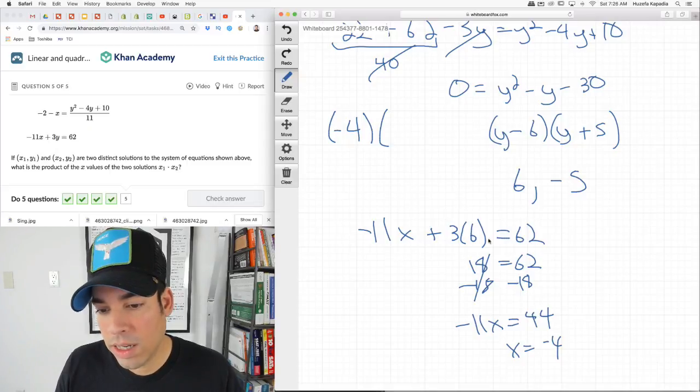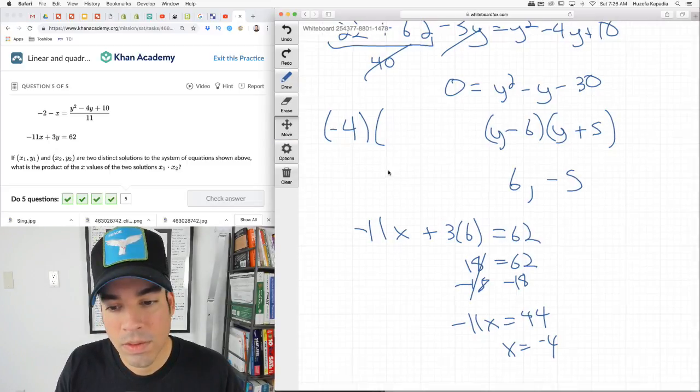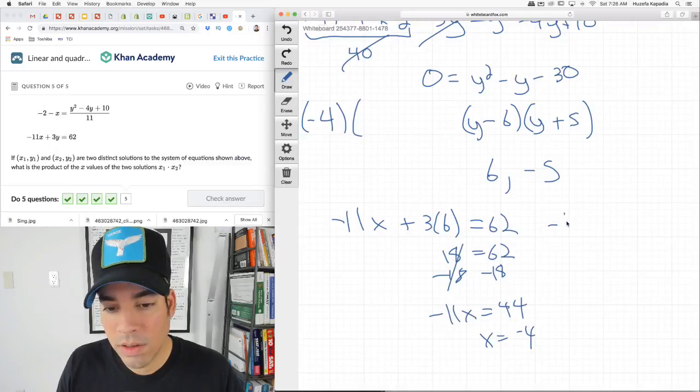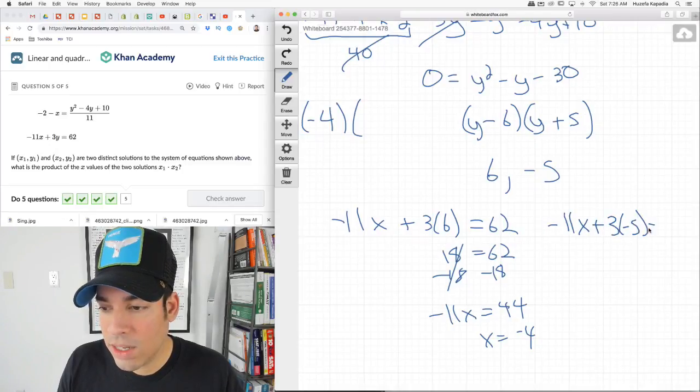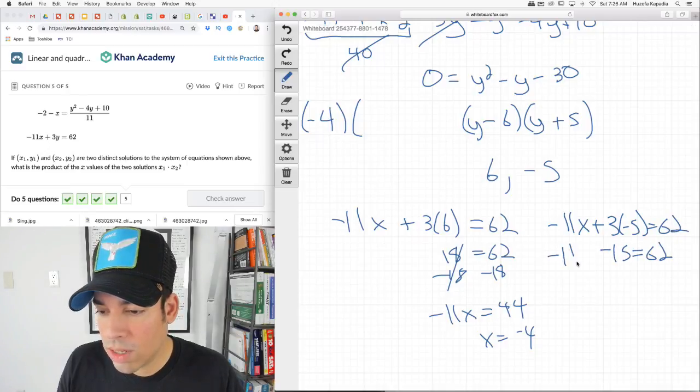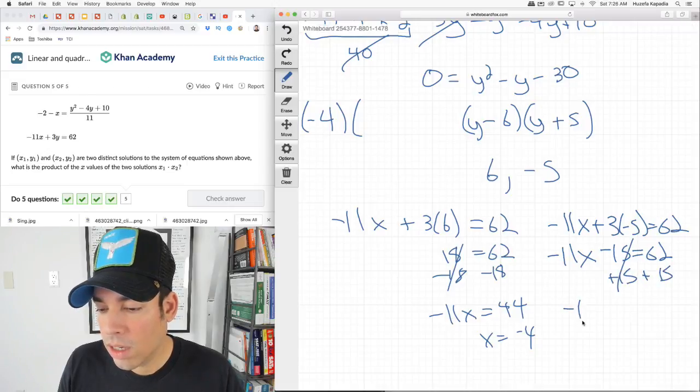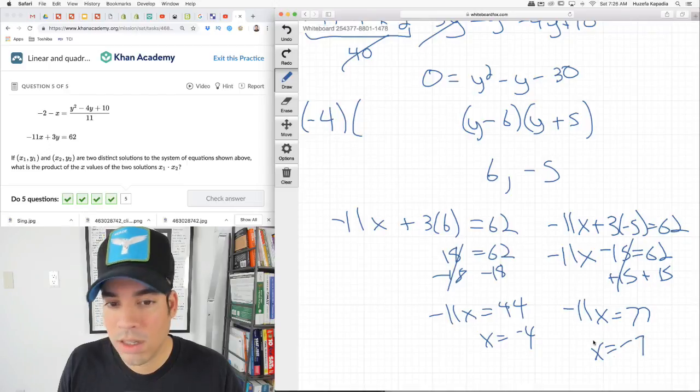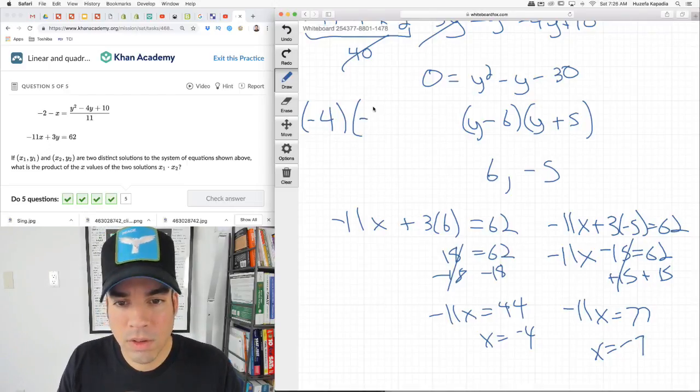And then let's plug in negative 5. Negative 11x plus 3 times negative 5 equals 62. And that's negative 15, 62. Add 15, add 15. Negative 11x equals 77. X equals negative 7. Alrighty, so we've got negative 7.